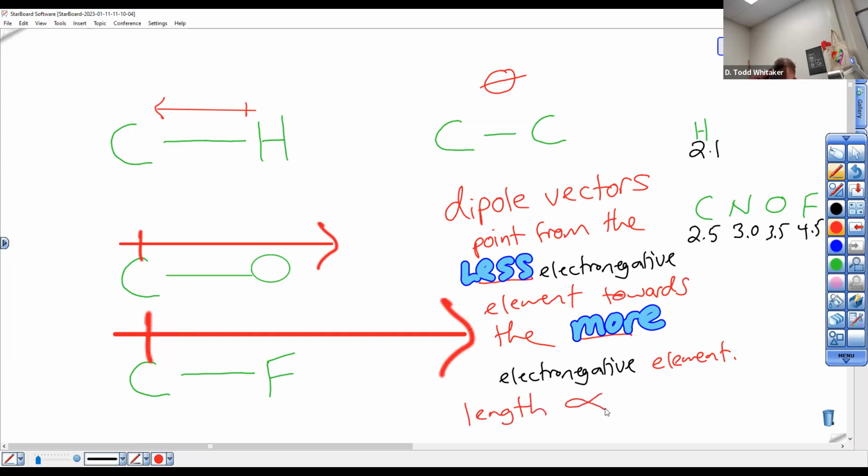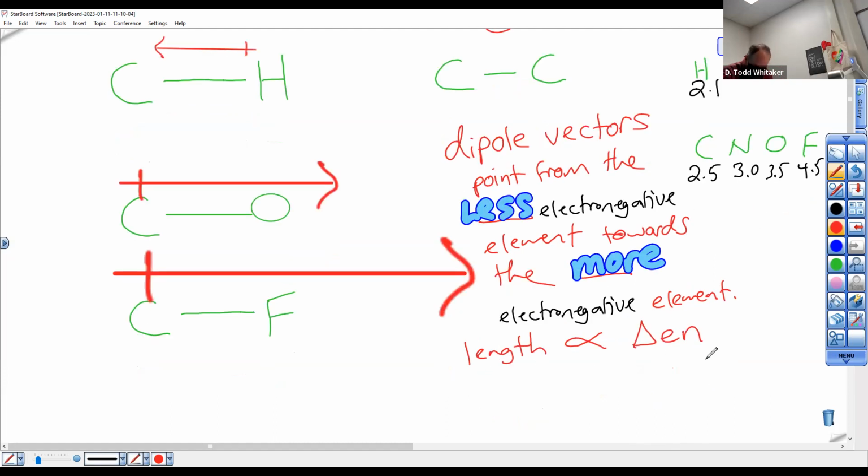Proportional to delta EN. That's a lot of Greek to me. There's an alpha there and a capital delta. But what's it mean? That's a sentence, actually. Please explain it. The difference between the electronegativities.